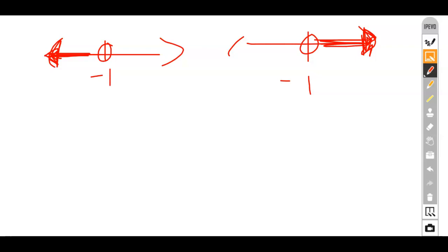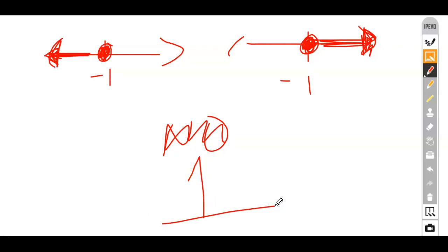Oh, so if it's an open circle, is the -1 part of my solution? No. So this one has no solutions in common, right? Because they're open circles, they don't have that -1. Now, if that circle was shaded in, then they would have 1 common solution. They would have that -1.